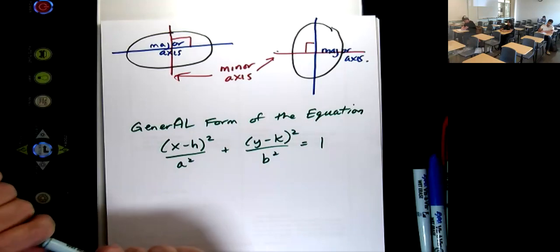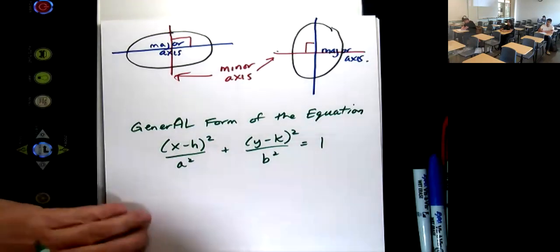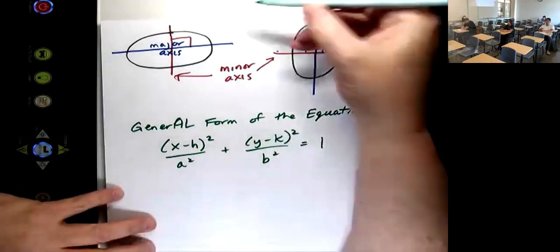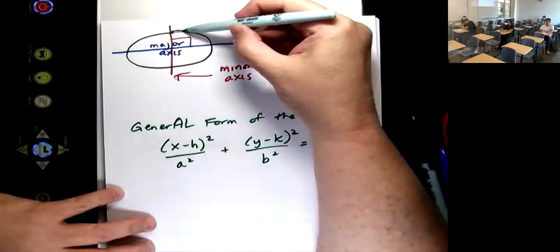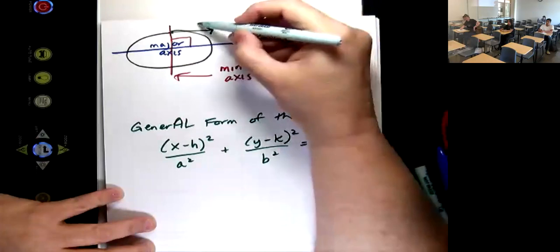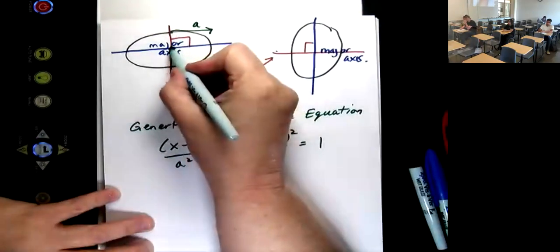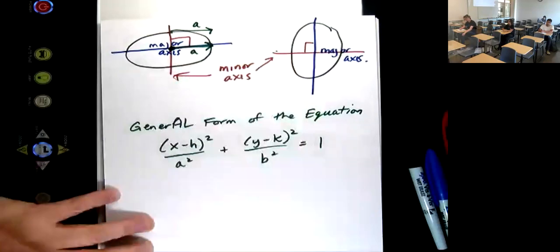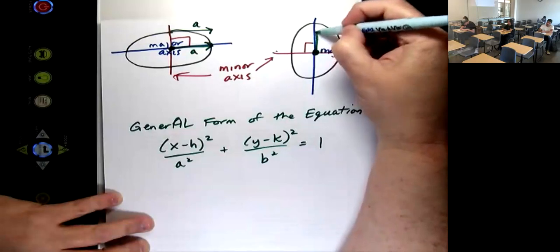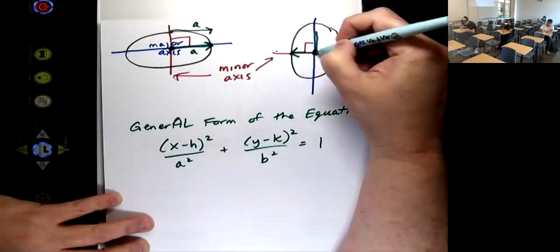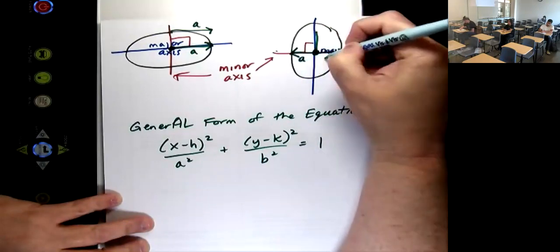So what is A and what is B? A is the distance from the center to the left side. That's A. I did it from the center. That's A. And I could do it here. No, still going that way. It goes A either direction.